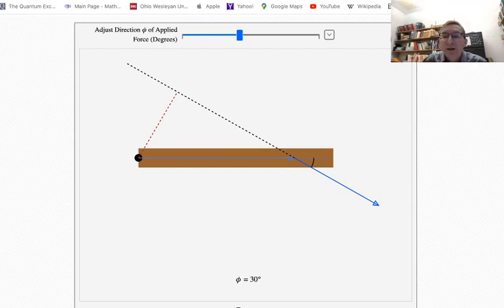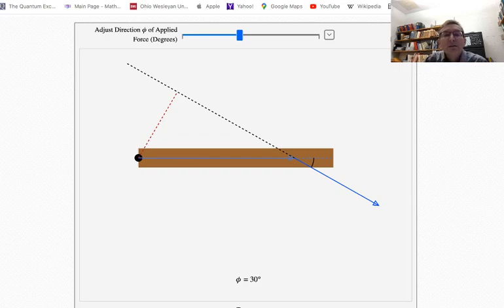This slider up here at the top lets me adjust the angle of the force. So I'm just going to slowly adjust it. I want you to think about when the torque is going to be the most negative that we can get, the most positive that we can get, and 0.